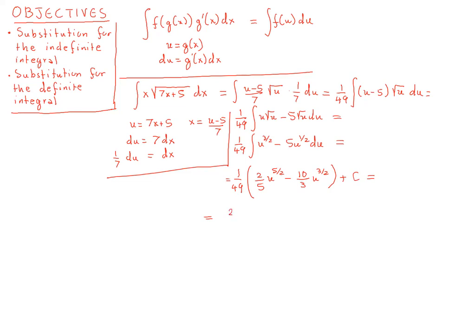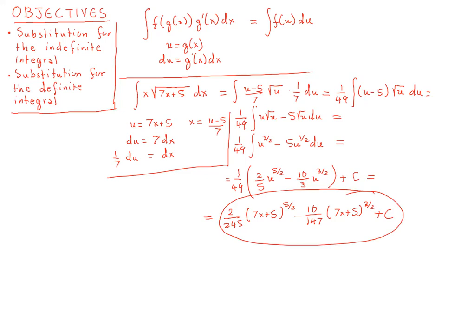So this will be 2 over 245 u to the 5 halves, of course, that is going to be 7x plus 5 to the 5 halves, minus 10 over 147 times 7x plus 5 to the 3 halves plus c, and that's our final answer.